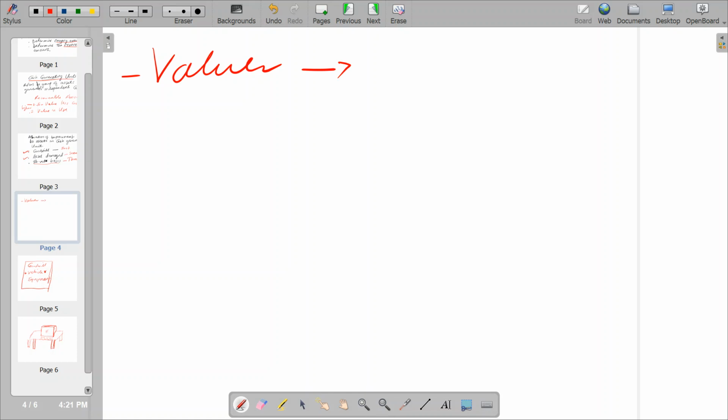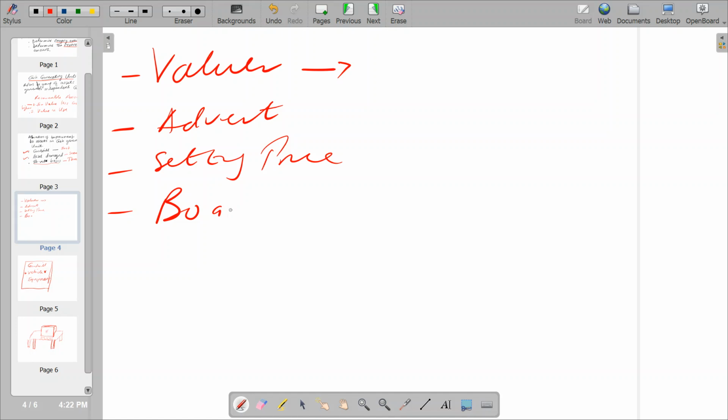So now, after agreeing on all these things, getting the market, doing the adverts, setting the price, board approval, then setting the timeline to sell it.